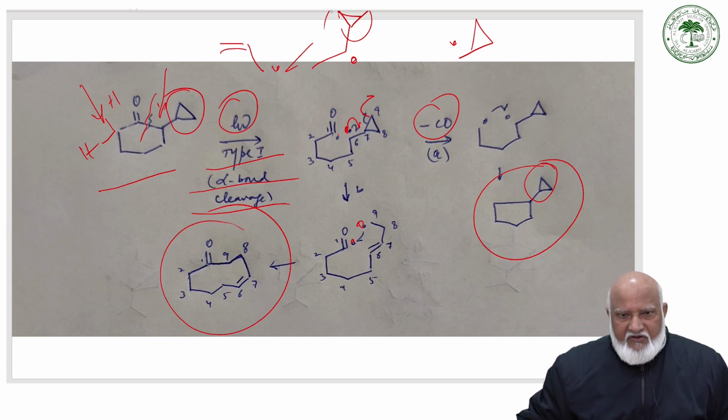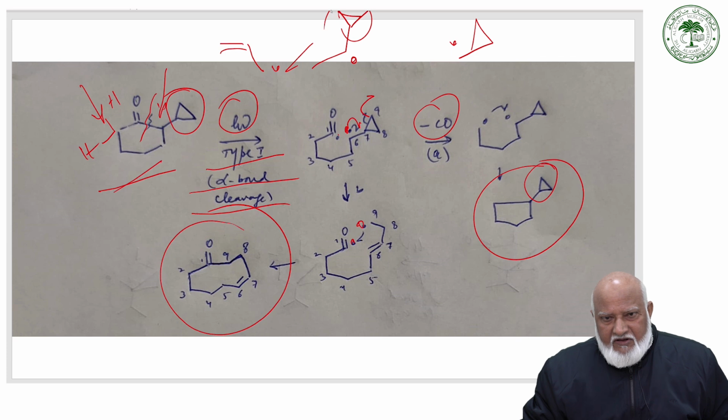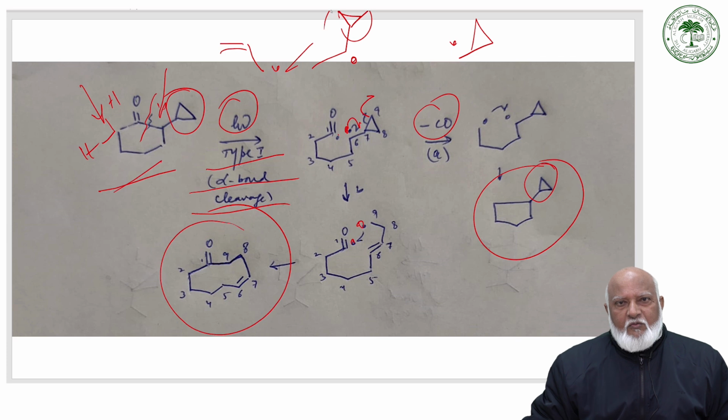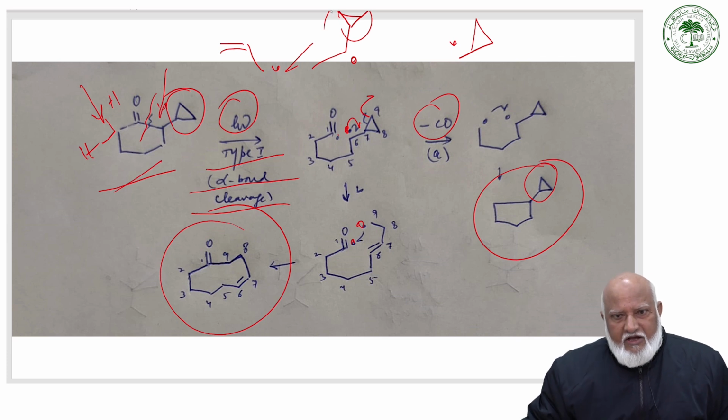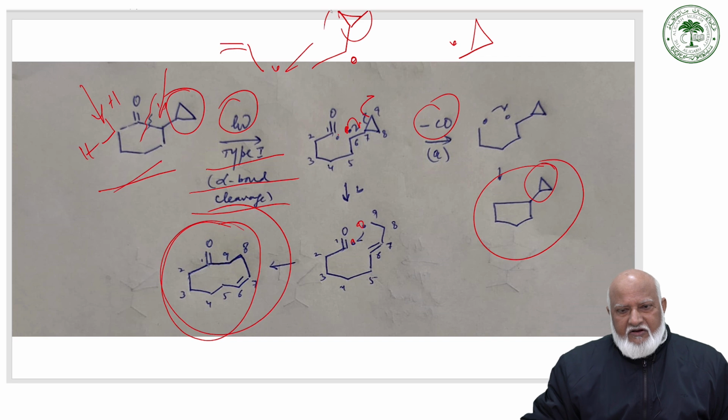So we started with a 6-membered ketone, and the cyclopropyl ring is a substituent. Now at the end of the photoreaction, the cyclopropyl ring's 3 carbons are now part of the ring system. Now how many carbons does it have?